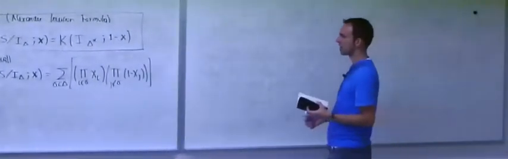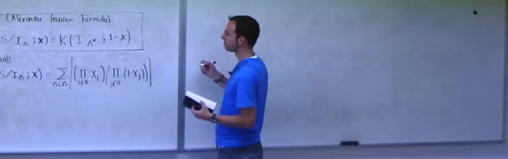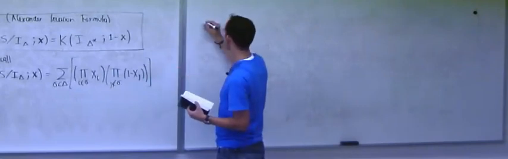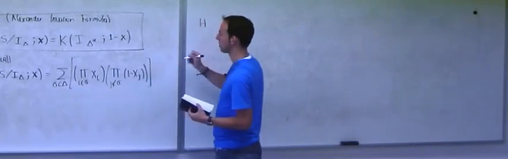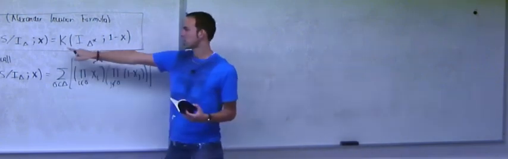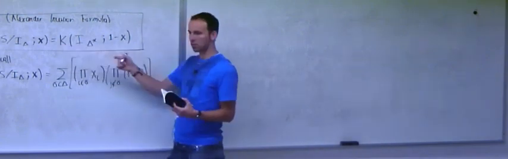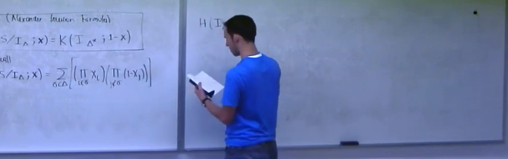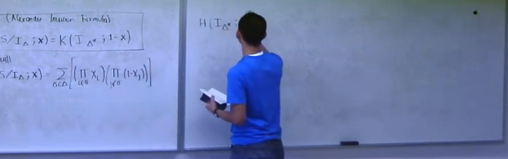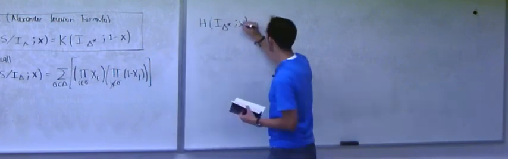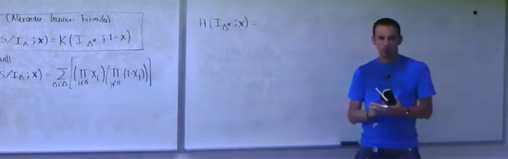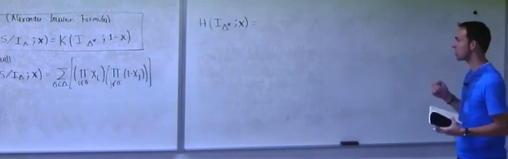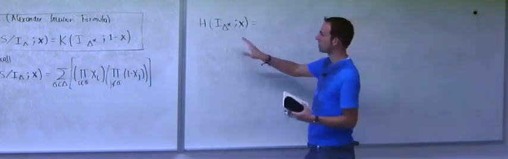And what about the right-hand side? Well, let's write out explicitly, instead of the K polynomial, let me actually just compute the Hilbert series. So this is a monomial ideal, right?